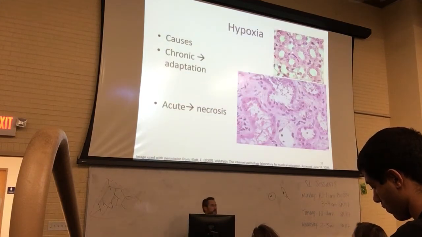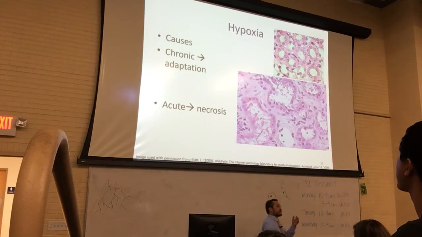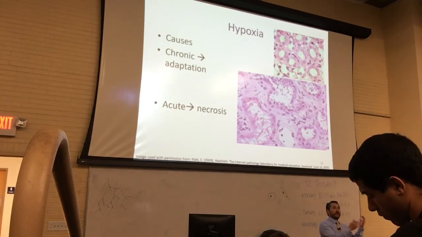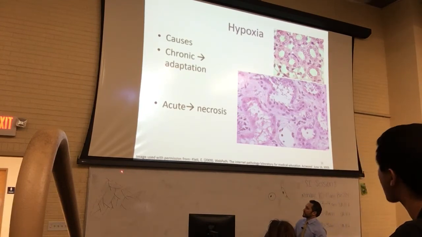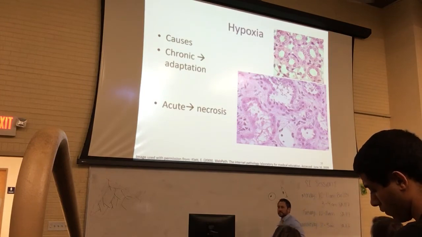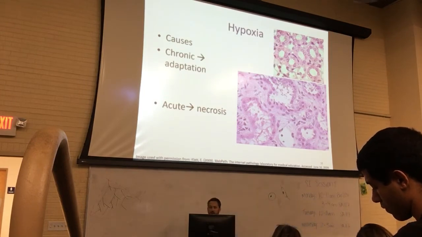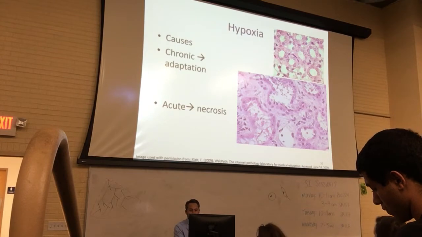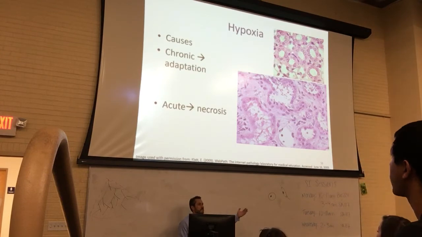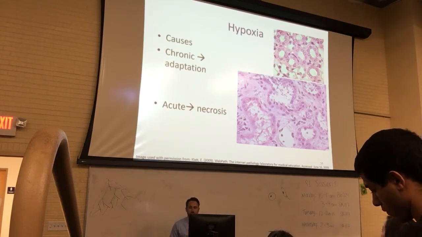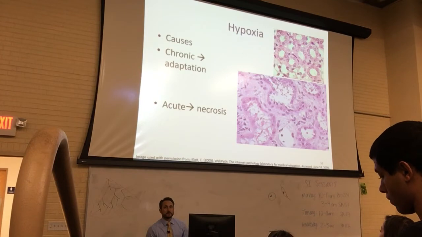When we look at the damage that's occurring and the cause being, say, hypoxia, like over here where we talked about blood flow being compromised, typical causes of hypoxia are ischemia. And so let's define these two. What is ischemia? What's the difference between ischemia and hypoxia? Anybody know?